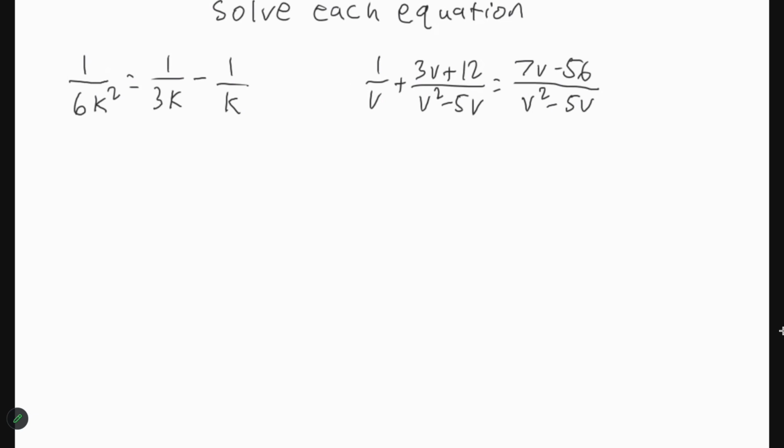So we need to multiply the top and bottom of the first one by 2k. And we need to multiply the top and bottom of the second one by 6k.